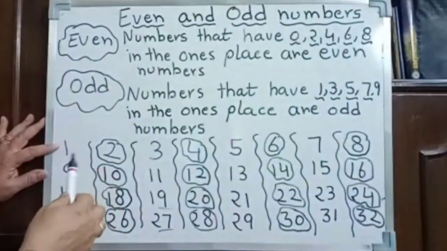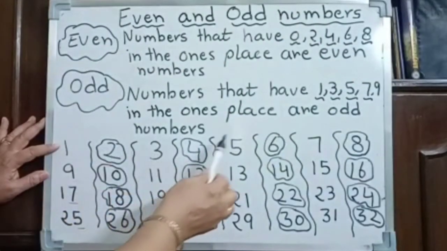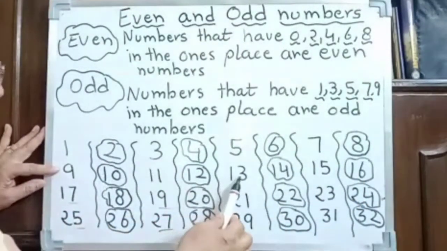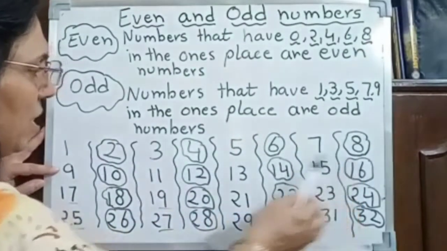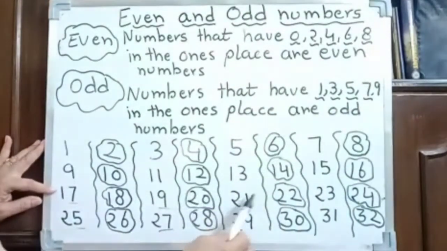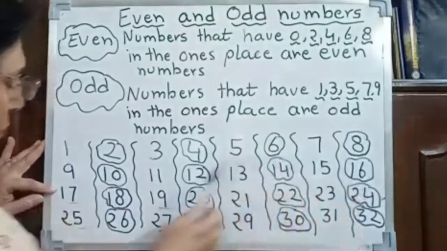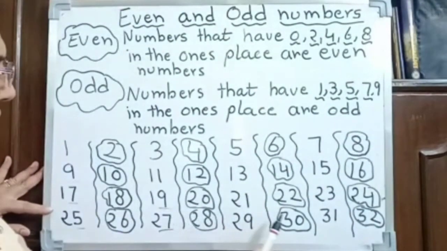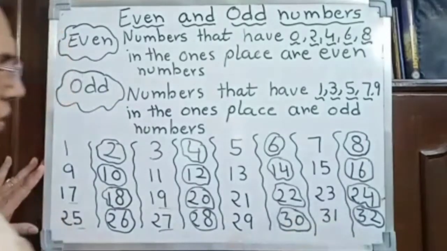Now look at the chart. 1, 2, 3, 4, 5, 6, 7, 8, 9, 10, 11, 12, 13, 14, 15, 16, 17, 18, 19, 20, 21, 22, 23, 24, 25, 26, 27, 28, 29, 30, 31, 32, like that.